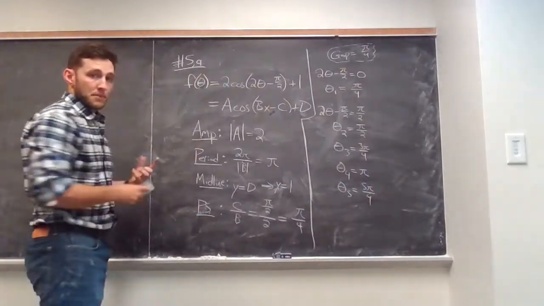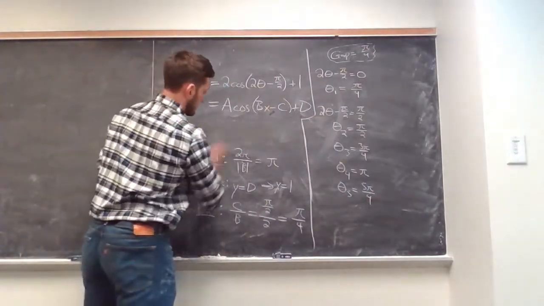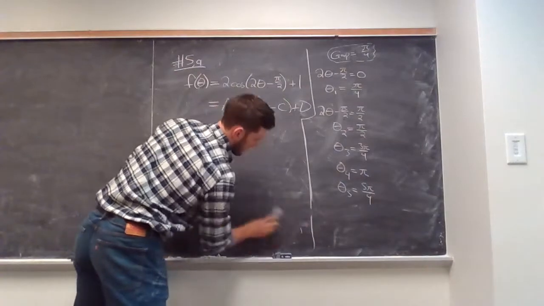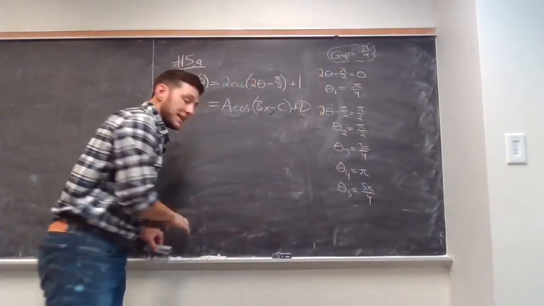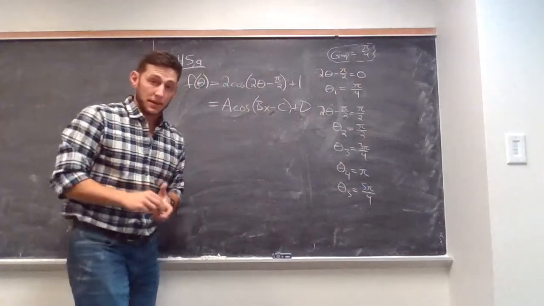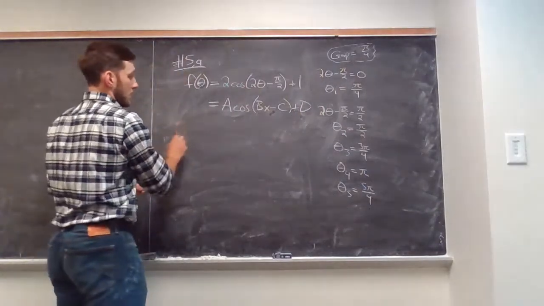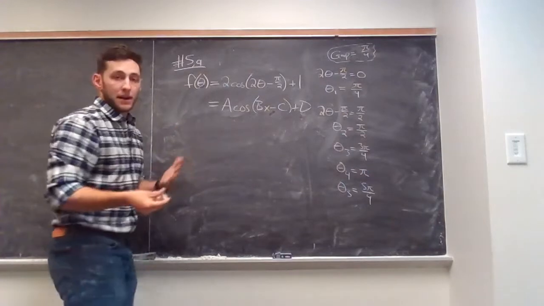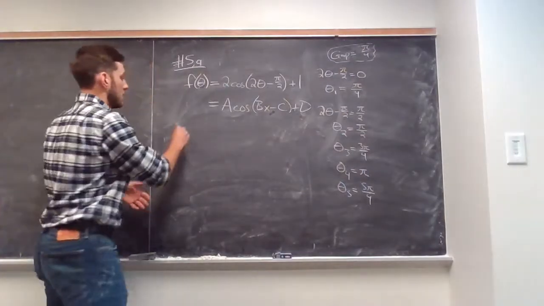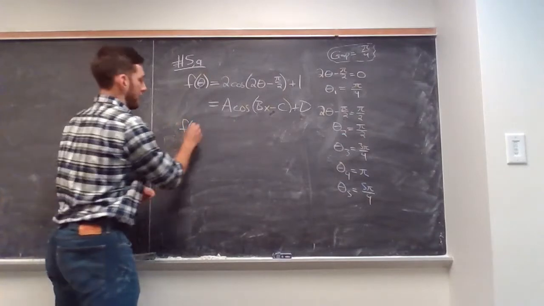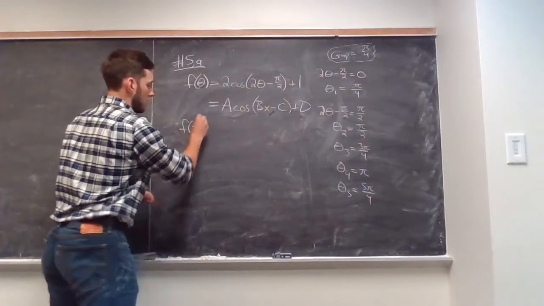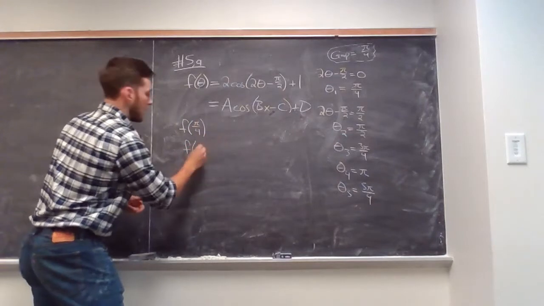Now, if I may erase, remember, pause if you need to. What I now need to do is get the y coordinate. I'm just going to go ahead and do is find f of pi over 4, f of pi over 2.